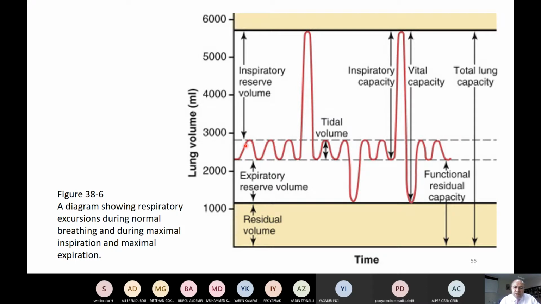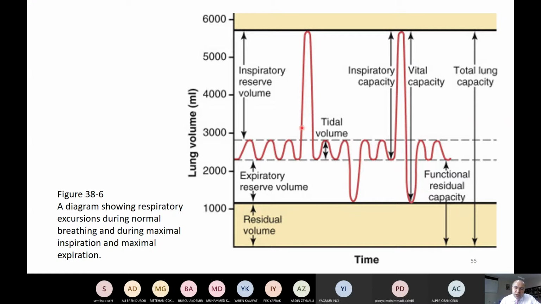And this is tidal volume, and it is about 500 milliliters. When we ask the patient to breathe as much as he or she can, and he can take extra air inside of the chest, then it is inspiratory reserve volume, and it is about 3000 milliliters.